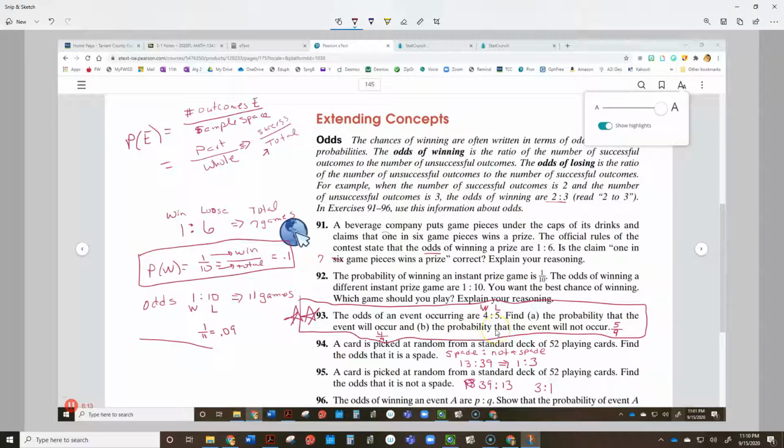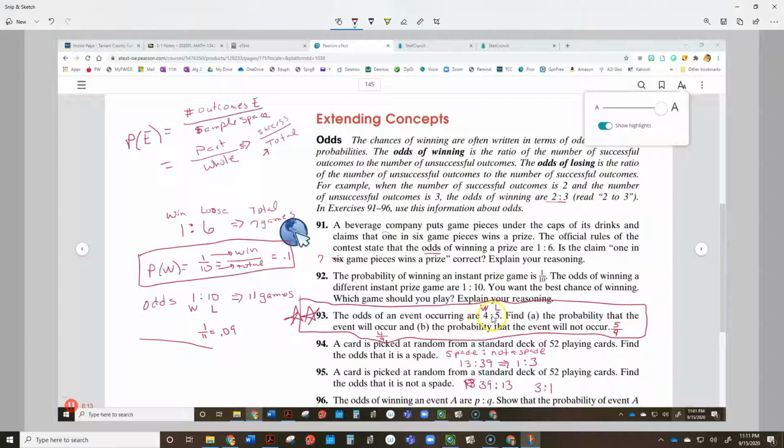But when you figure out the probability of winning based on that, you do the number of wins compared to how many games you played. If you've won 4 games and you lost 5 games, that means you've played 9 games. So when you figure probability, the number of wins, 4, would go on top, out of the total number of games you played, which goes on bottom. That's kind of the way I do it.